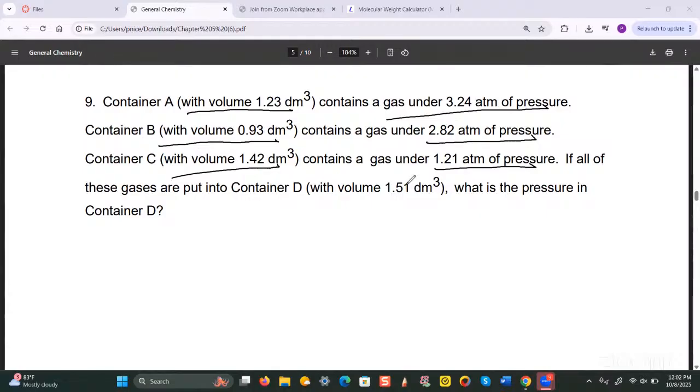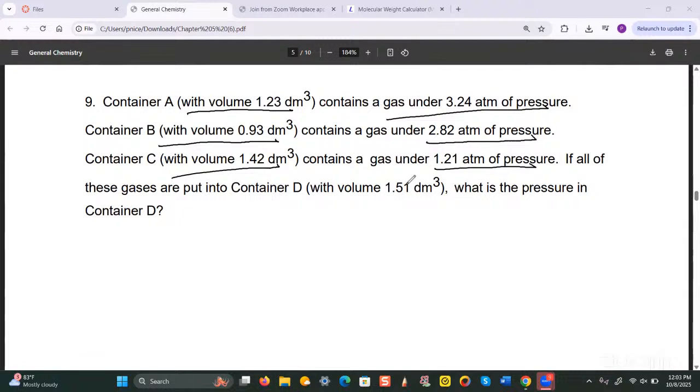One has to do with the relationship between pressure and volume, and the other has to do with mixtures of gases. Is one Boyle's law? Boyle's law is that law which deals with the relationship between pressure and volume. What's the other law? There's a law that deals with gaseous mixtures. Dalton's law of partial pressures, right? So those are the two laws which will come into play in this problem.